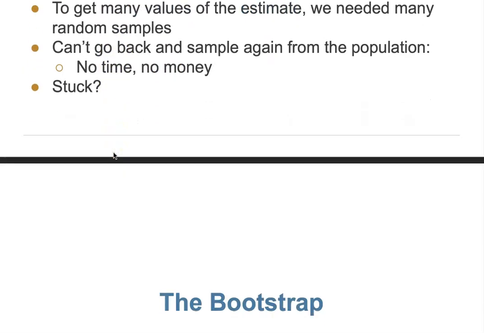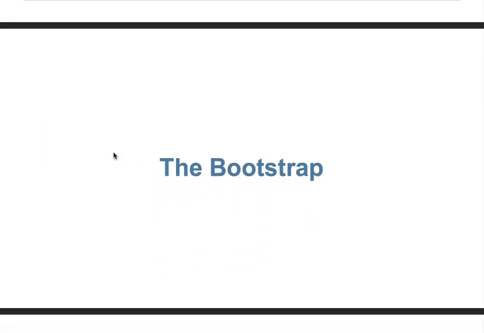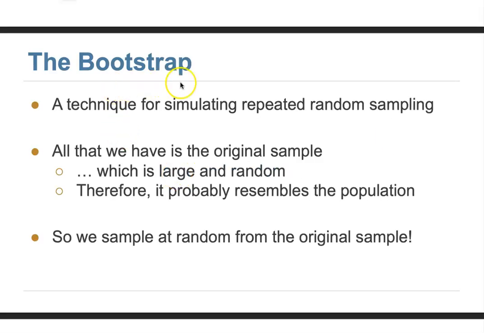That's why we have a new idea. You only have one sample, you can only do one sample, that's fine. But let me show you a technique. From this sample data, we can resample many times. This is what we call the bootstrap. What is the bootstrap?